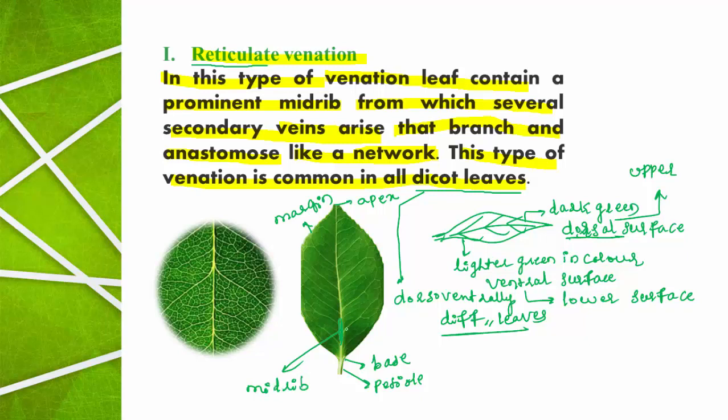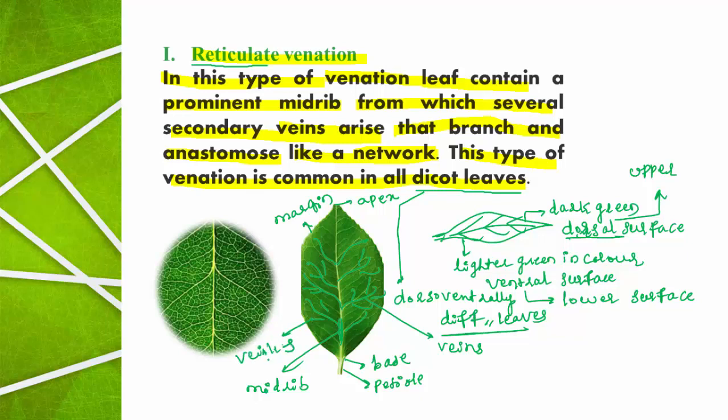From the midrib, on either side, small branches are produced, and these branches are called veins. The veins further branch to form minute structures, and the branches of the veins are called veinlets.